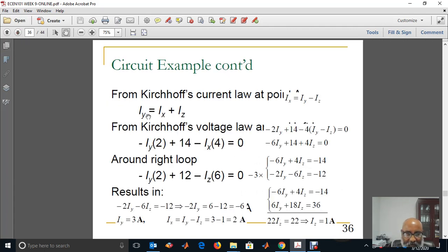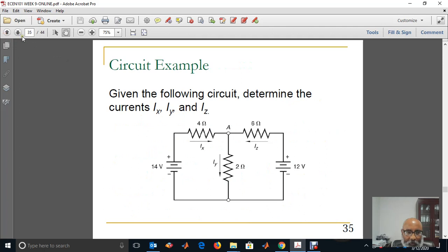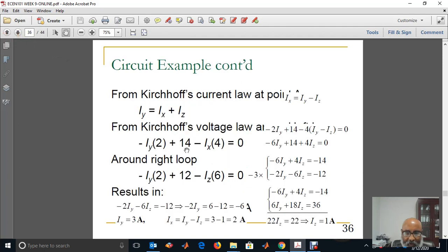So from Kirchhoff's current law, we have Iy is equal to Ix plus Iz. From Kirchhoff's voltage law of the left loop, we have minus 2Iy plus 14 minus 4Ix is equal to 0. And from the right loop, minus 2Iy plus 12 minus 6Iz is equal to 0.